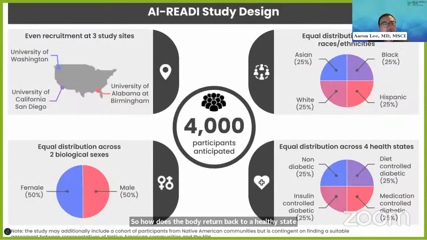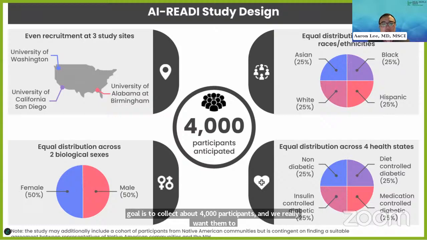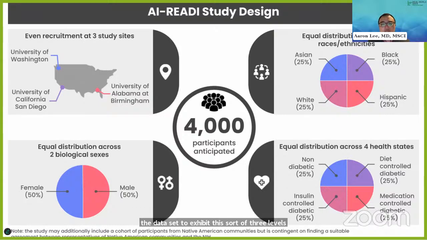Our study design has 3 recruitment sites across the United States. The goal is to collect about 4,000 participants, and we want the data set to exhibit 3 levels of balancing. We want equal distribution across 4 races and ethnicities: about 1,000 Black, 1,000 Hispanic, 1,000 Asian American, and 1,000 white.